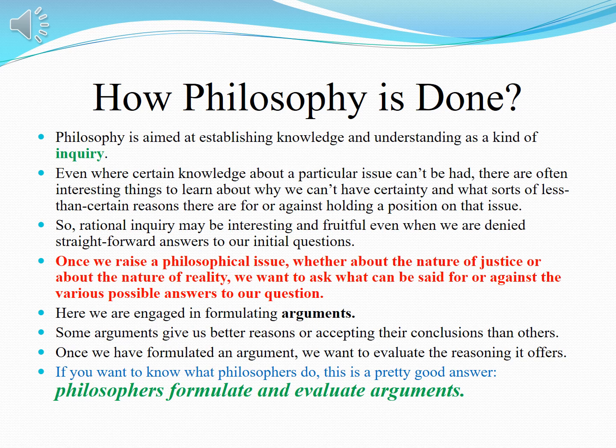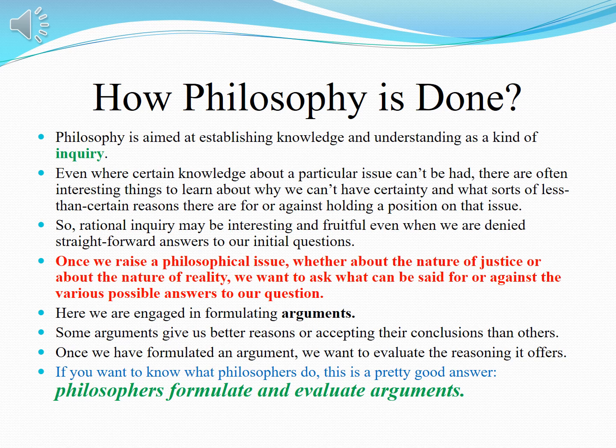Even where certain knowledge about a particular issue cannot be had, there are often interesting things to learn about why we cannot have certainty and what sort of less than certain reasons there are for or against holding a position on the issues. So during the philosophy process, we might not find all the things, but at least we can find what is certain and what is uncertain.